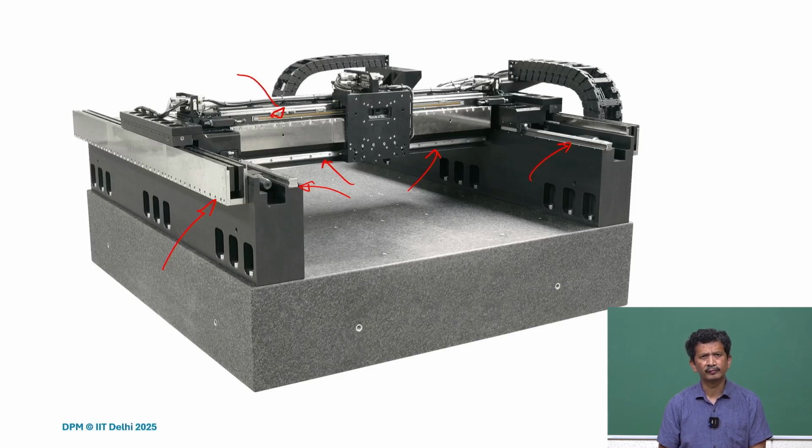So these are some commercially available precision stages, and I think, understanding all the concepts we use to develop precision motion stages or precision machines, one should now be able to decode it, also reverse engineer it, or even develop stages for our own applications.